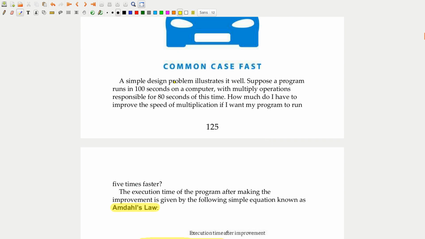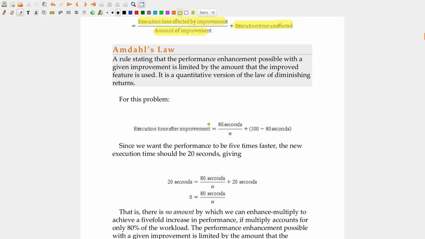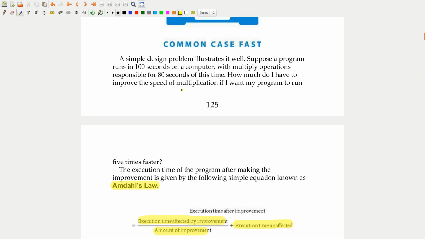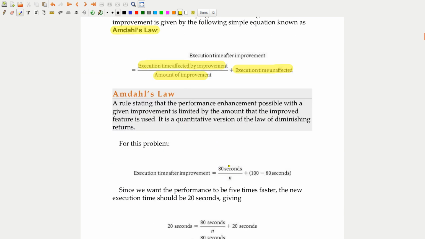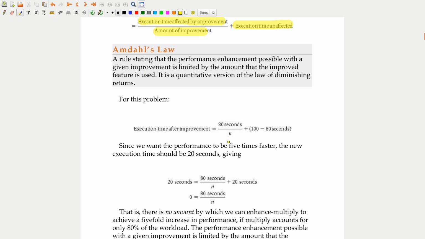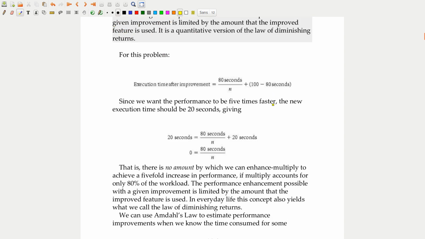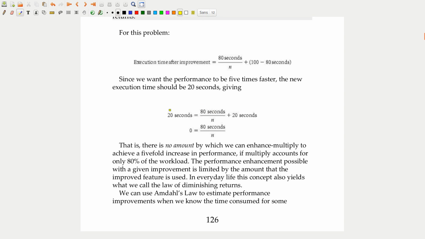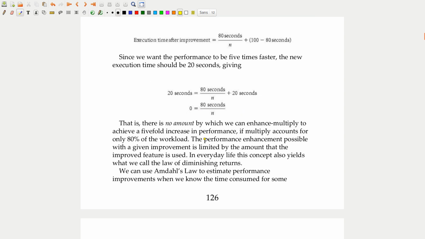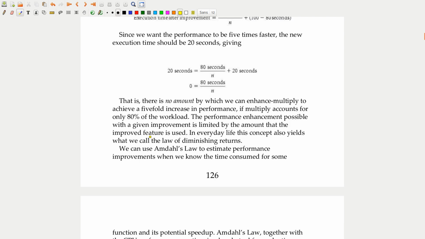So 20% of this program, so 20 seconds of this program, is unaffected. You can't speed that up. So 80 seconds is affected by some scalar value n. And so what we do is we can rearrange this into some form or fashion.